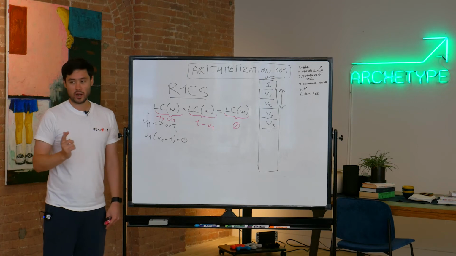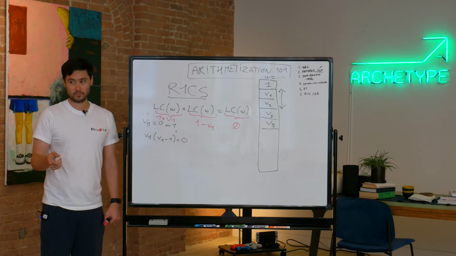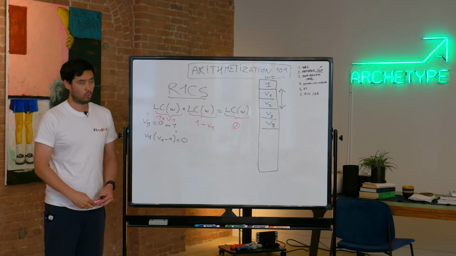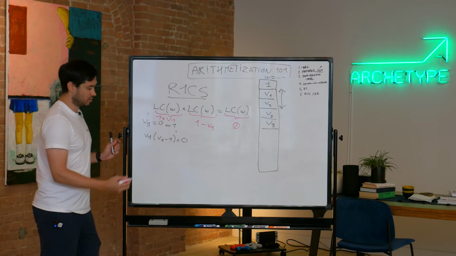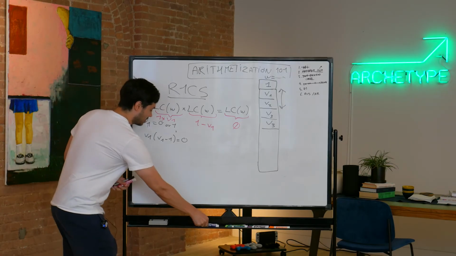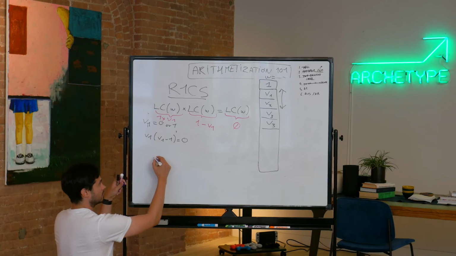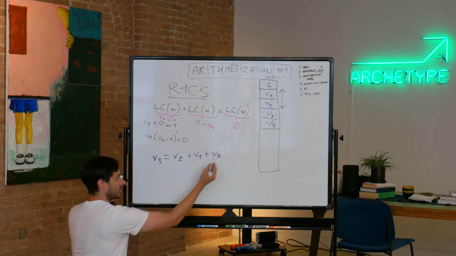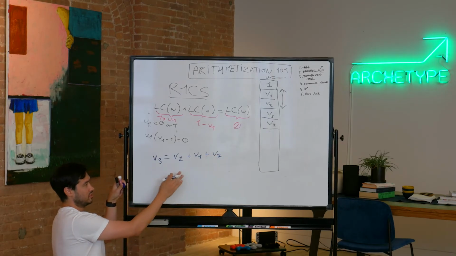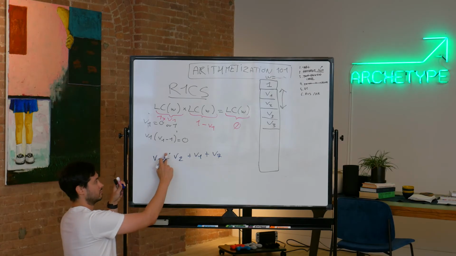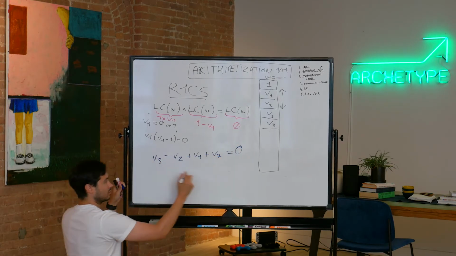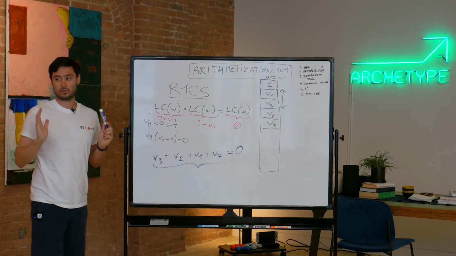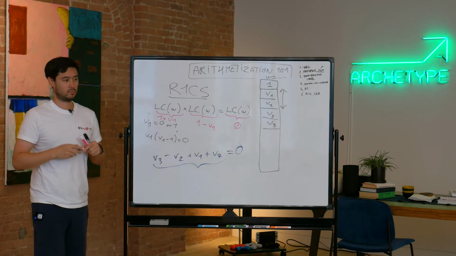The reason you don't create a constraint for an addition is because additions are for free in R1CS. Why? If you wanted to do V3 equals V2 plus V1 plus V7, whatever, this thing here is a linear combination by itself. You can do minus that equals 0. That fits in a linear combination. You can always fit additions in a single linear combination, so that's why they're for free.